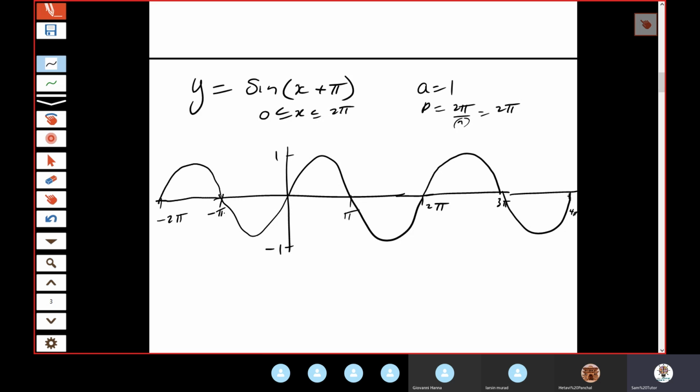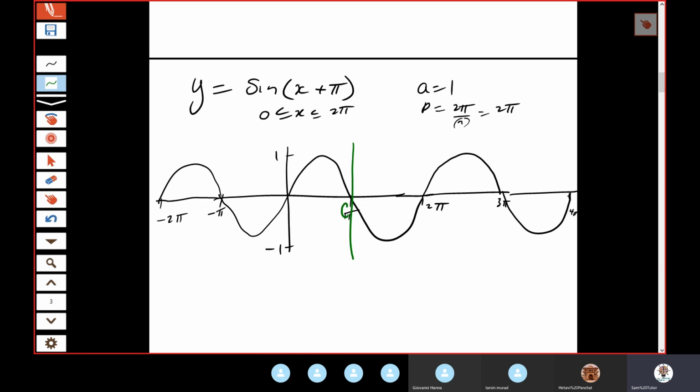Now we've got to move this whole graph to the left pi degrees. To me, instead of moving this whole graph and redrawing it somewhere down here and doing it all over again, what I do is instead of moving my graph to the left pi, I move my axis to the right pi.